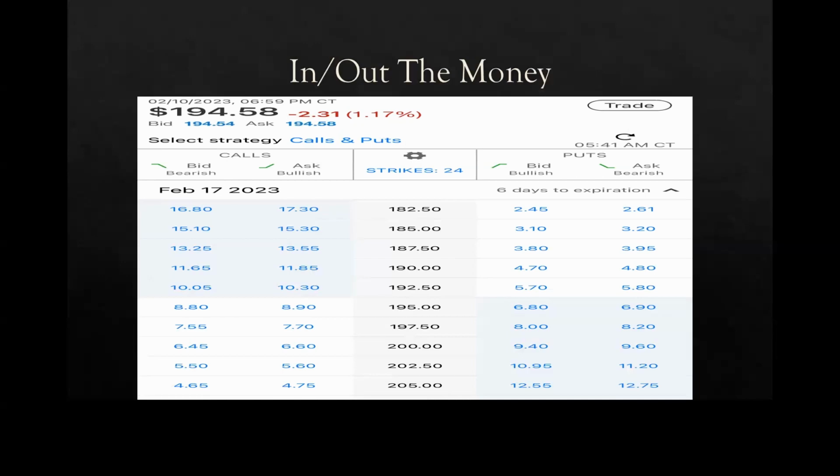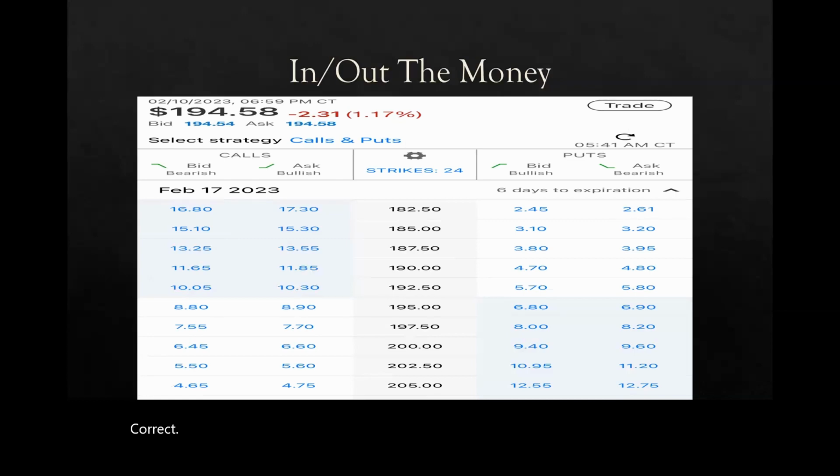And since it's already above the 182, the more it goes up, the more money I make. Correct. And we have a deadline of February 17th that these options are available.